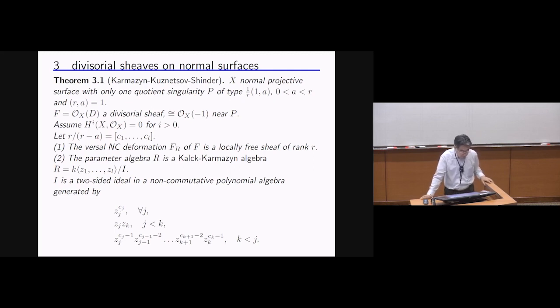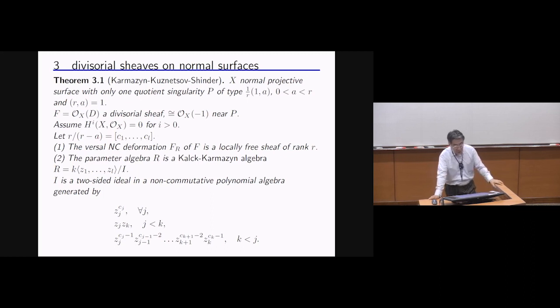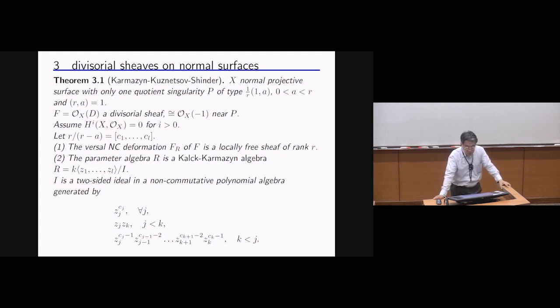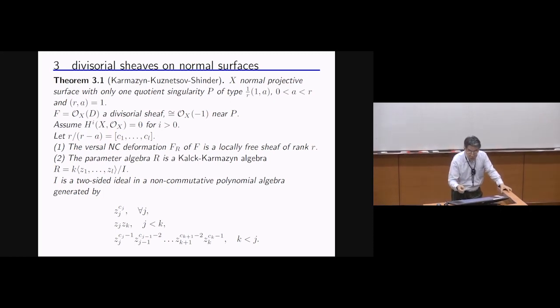And let F be a divisorial sheaf. This is a reflexive sheaf of rank 1, but it is not locally free. Because of the singularity, at the singularity it is isomorphic to O(-1). O(-1) means that this is the ideal sheaf of one axis corresponding to exponent 1.